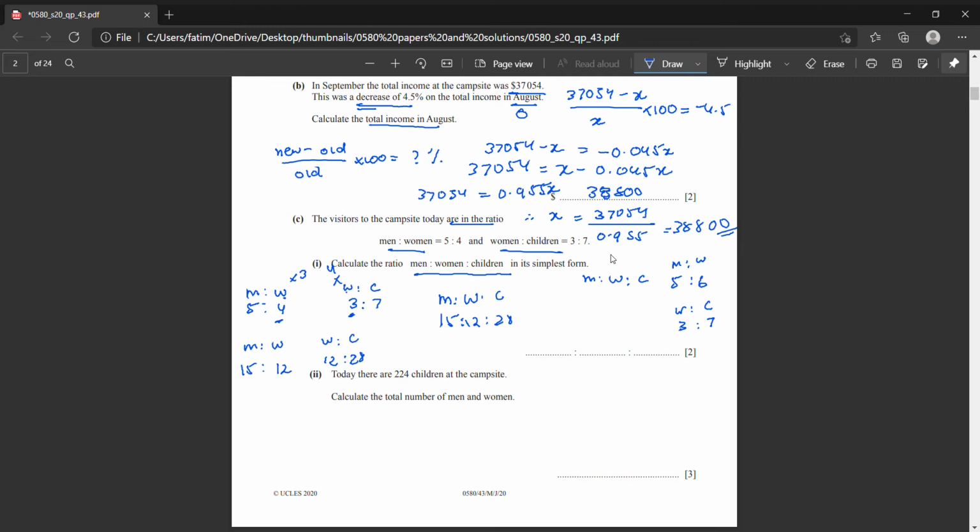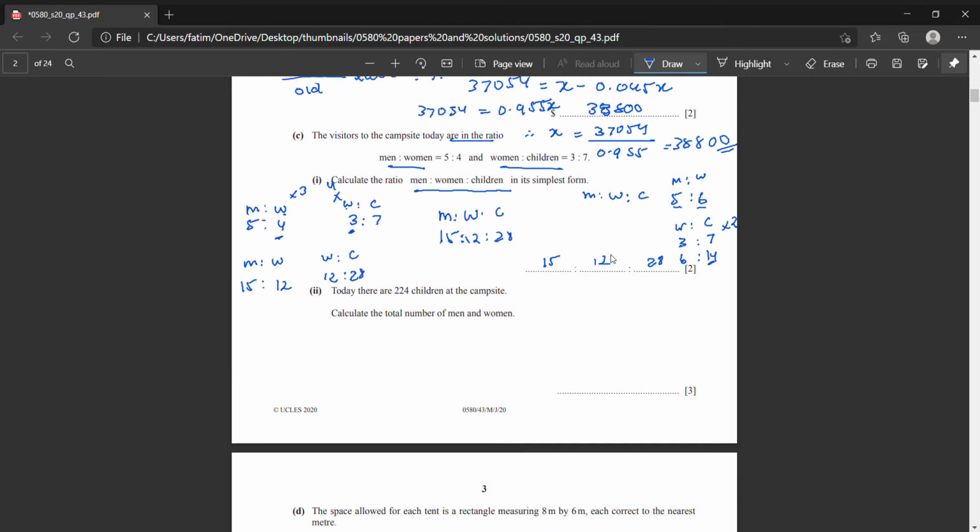So simply over here I can multiply this by 2, and that would give me 6 and 14. Then I can combine it for the ratio to be 5 is to 6 is to 14. I hope that makes sense. If it doesn't, feel free to ask for more clarification. So 15 is to 12 is to 28.